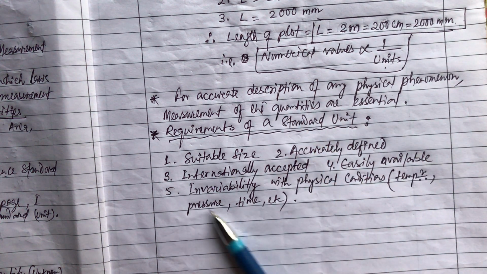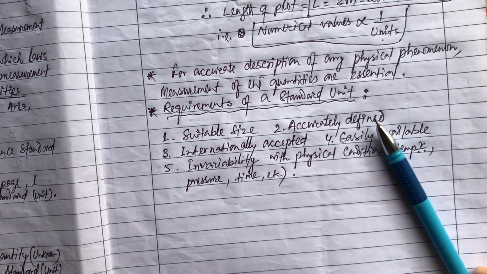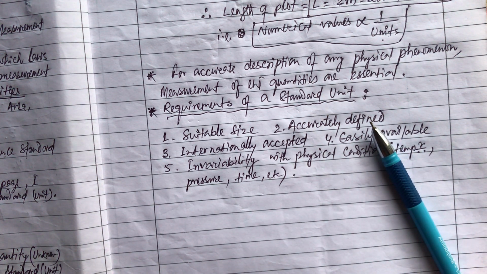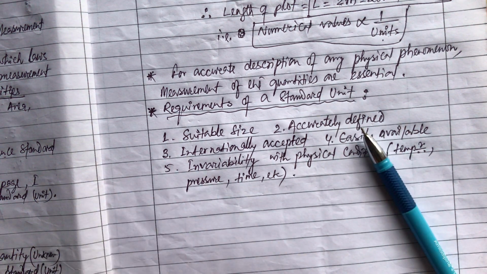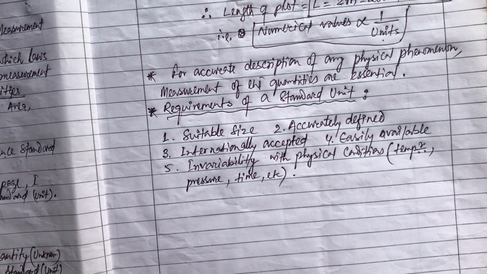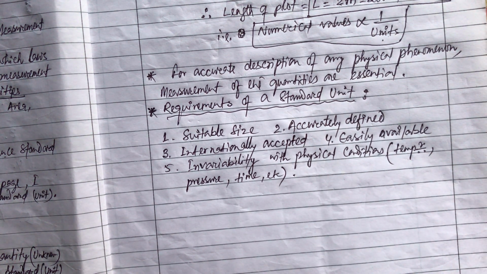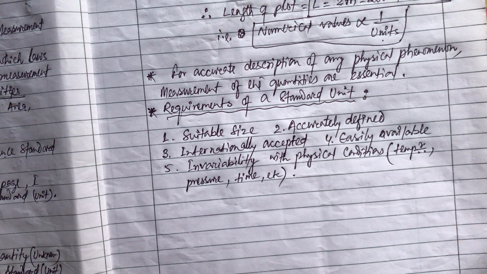There must be some body, some organization, who can oversee all these qualification requirements. For that, there is an internationally renowned body, which we call the General Conference on Weights and Measures.